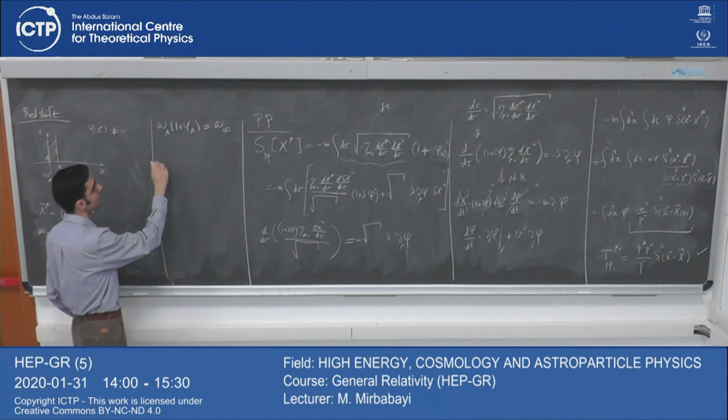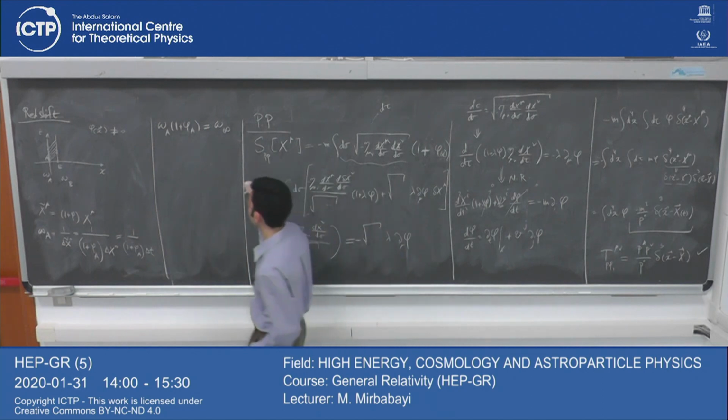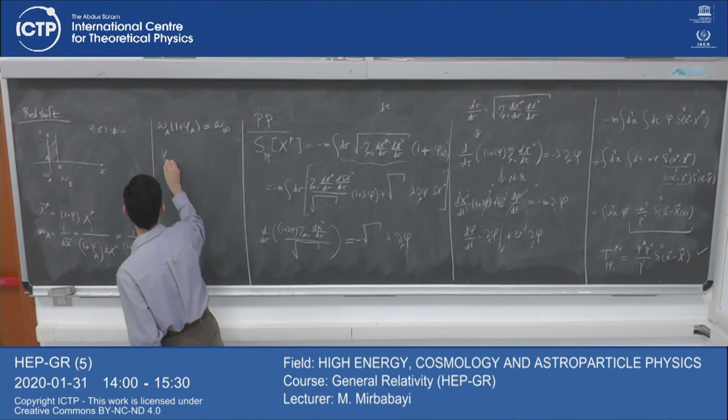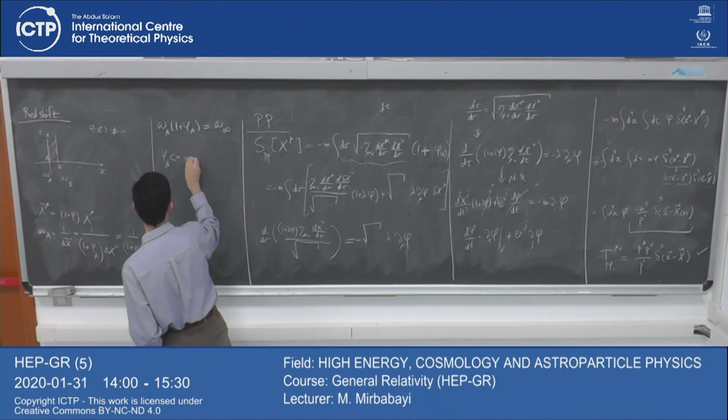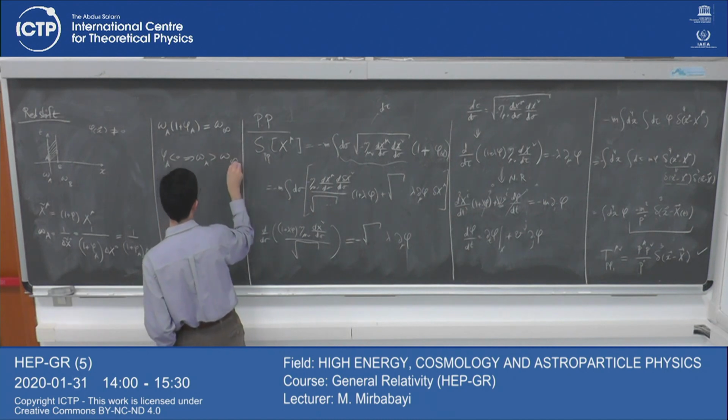So this is called the gravitational redshift. Since phi A is less than 0, it means that omega A is larger than omega infinity.